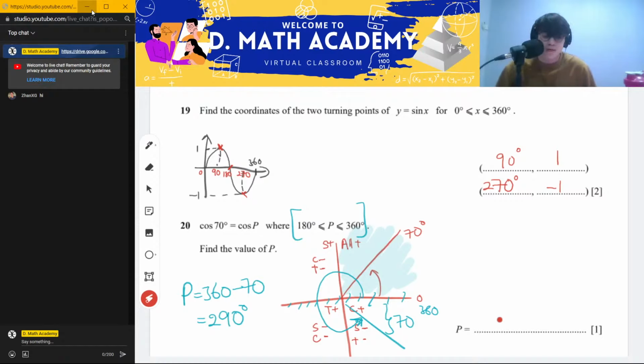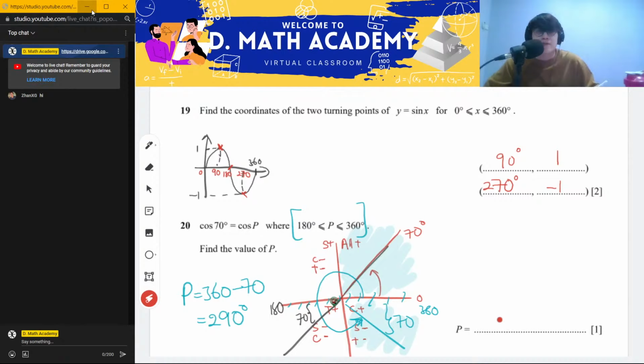There's no alternative method. You need to use your quadrant concept to get this done. So cosine is positive, and it is also positive down here. That's why your answer is for sure between 180 and 360. Okay, 180 is here, but when you reflect it to that side, you don't get the same value. If you wanted to utilize your 70 result here, you can say you use your alternate segment.